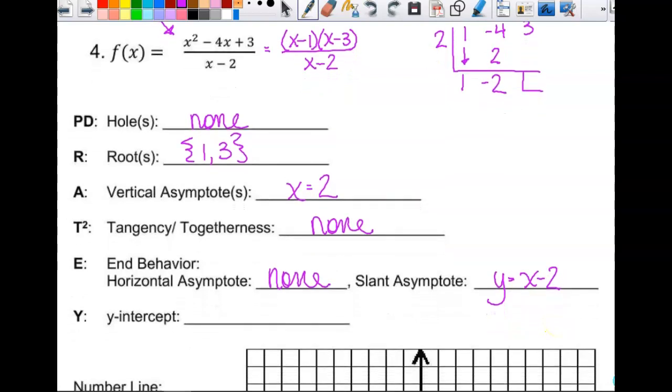So for my y-intercept, that's also easier from the unfactored version. So this is 0, -3/2. So again, I'm going to rewrite mine so I can see it.